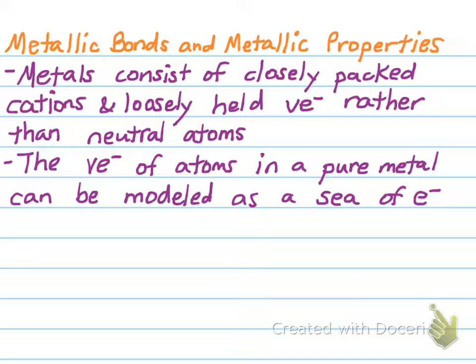Okay, so what we're talking about here is typically, because these valence electrons are loosely held, we often think of them as a sea of electrons. And this sea of electrons is surrounding these closely packed metal cations.